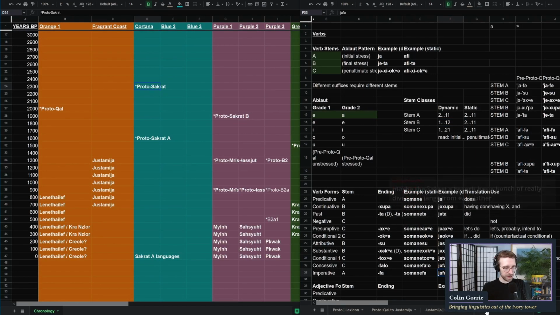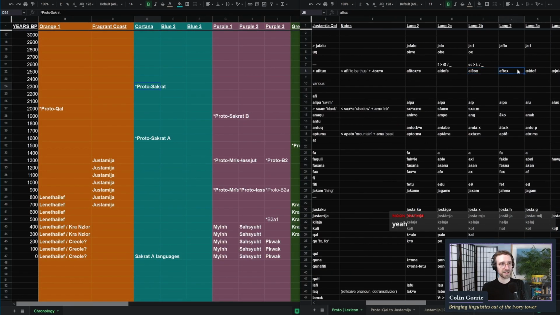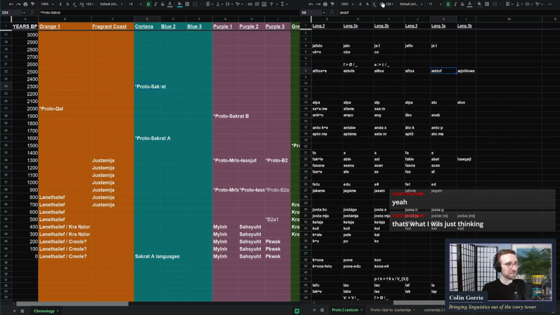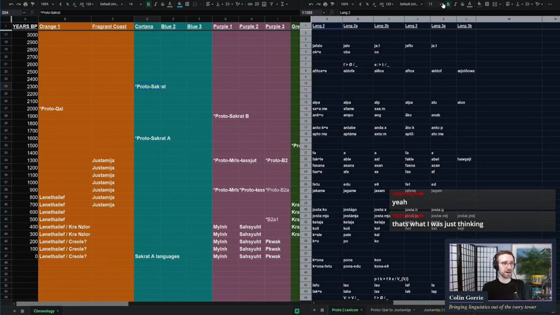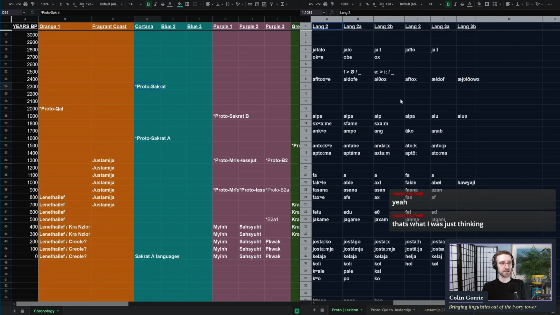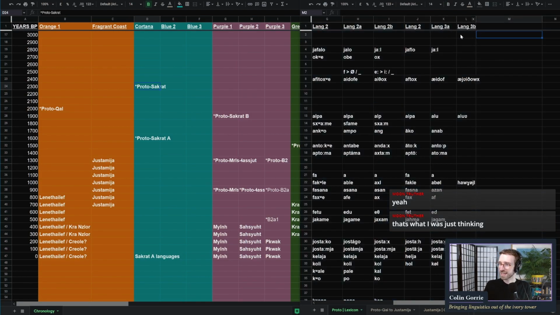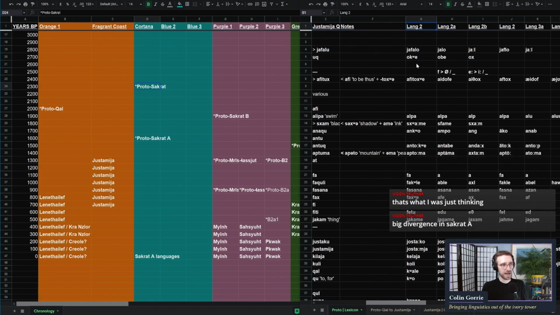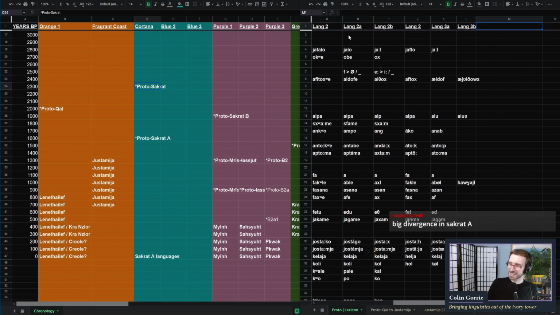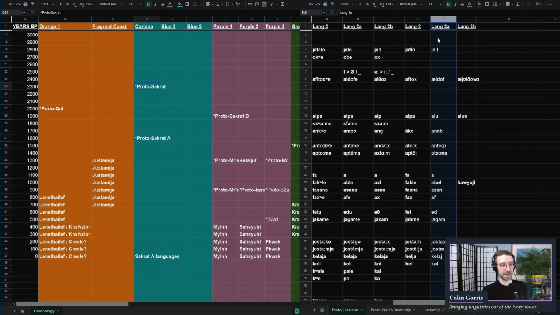So we do have, I don't know if you remember, this is a long time ago, but as we were working on Eustamia and the language that became Lenadilov, which you may recall as Lang 3b, we also have Lang 2a. I have this fixation with these names, these horrible names, 2a, 1a, 3b. But we have a sort of sister language to Lenadilov, Lang 3a.